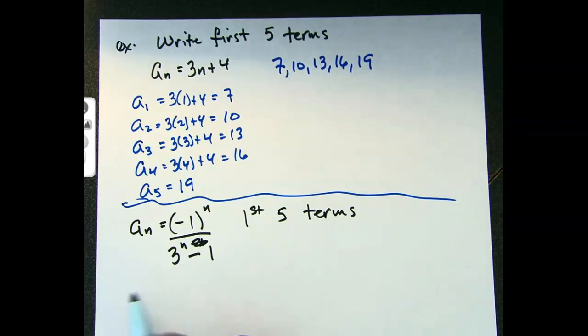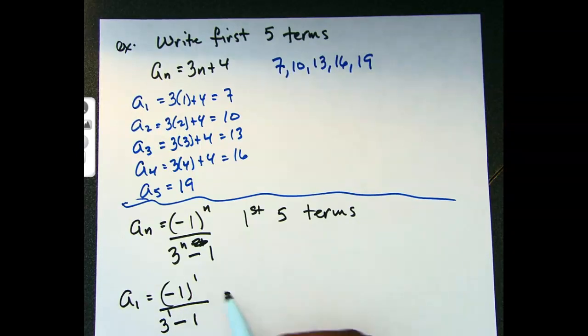All right, so a sub 1 would be negative 1 to the first power over 3 to the first, and then minus 1. So negative 1 to the first power is negative 1. 3 to the first, 3 minus 1 is 2.